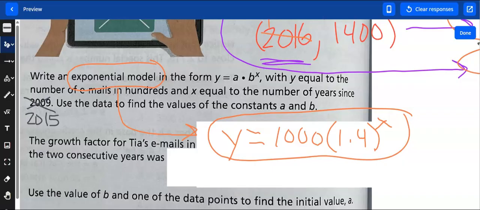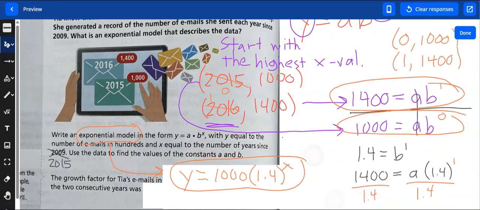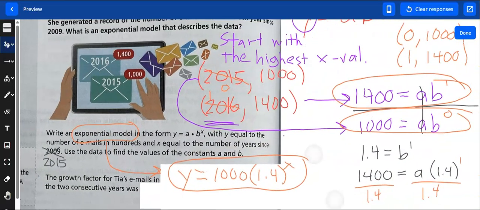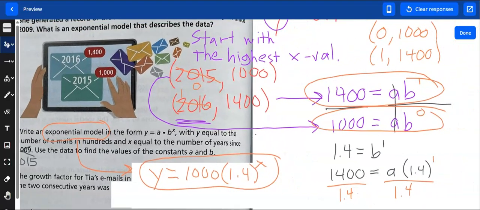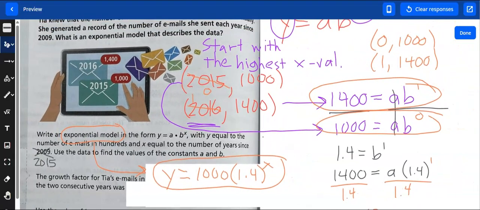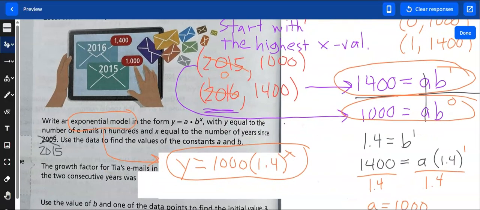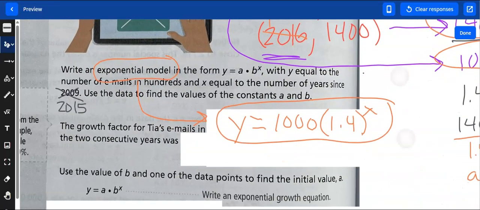Now, if they really wanted me to start with 2009, then that would have changed my X. My coordinates would have been 6, 1,000 and 7, 1,400. We still would have worked through everything. We still would have found out the A and the B value. But all it does is change what you call X. In ours, yep. What? I don't believe you. Okay.